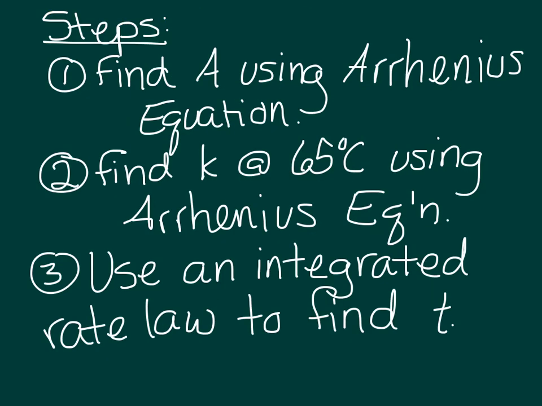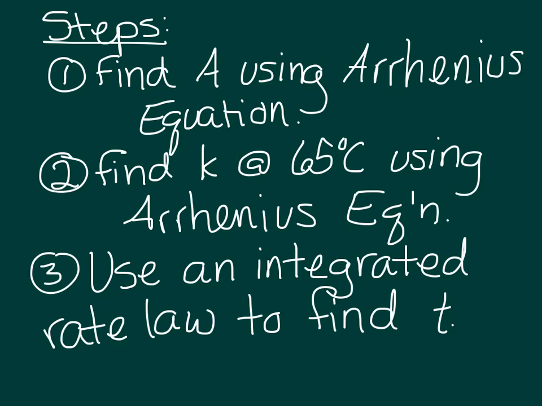So if you need a little guidance, these are the general steps you should take in solving this problem. First, you need to calculate A, the frequency factor, using the Arrhenius equation. From the previous problem, we know the activation energy, and we know k at two different temperatures. So by choosing a temperature and a k that matches, we now know everything except the frequency factor, so we can solve for that.